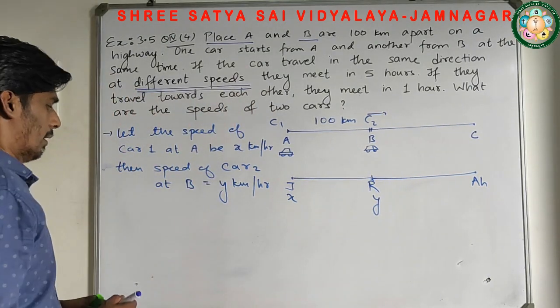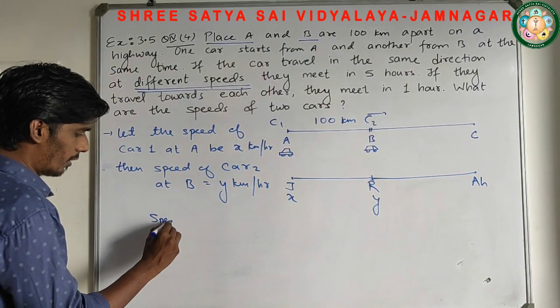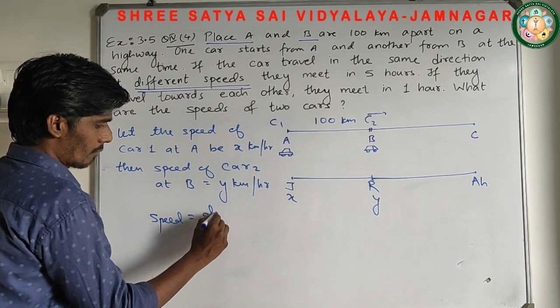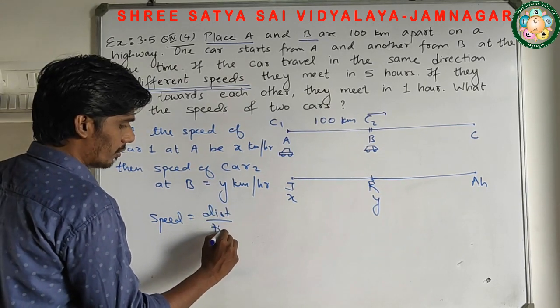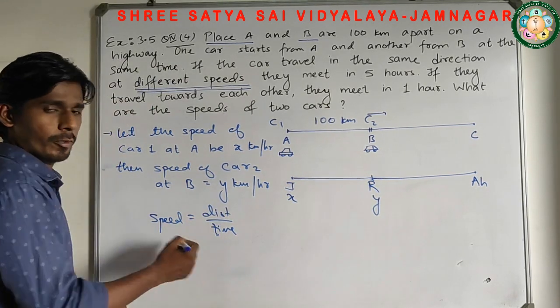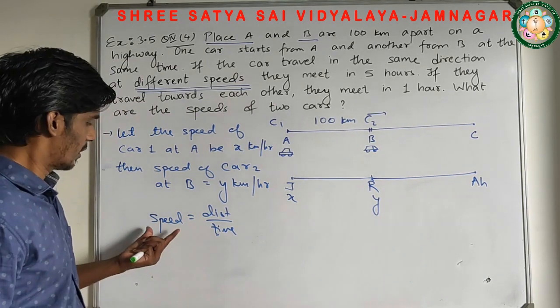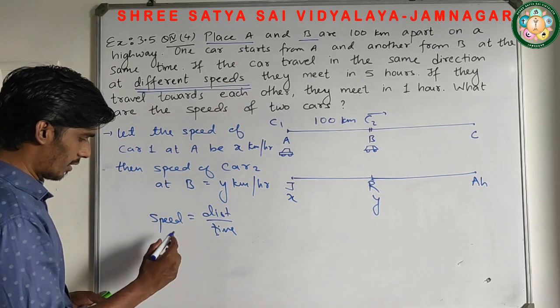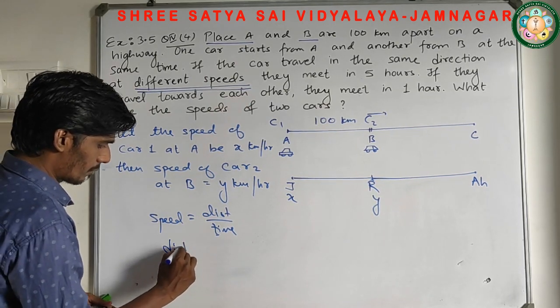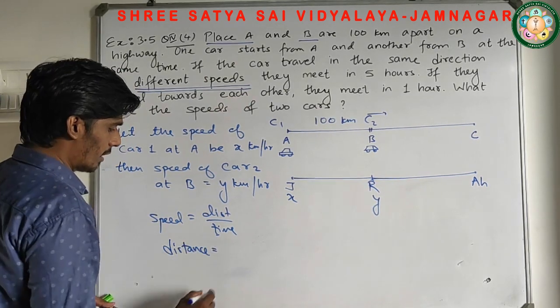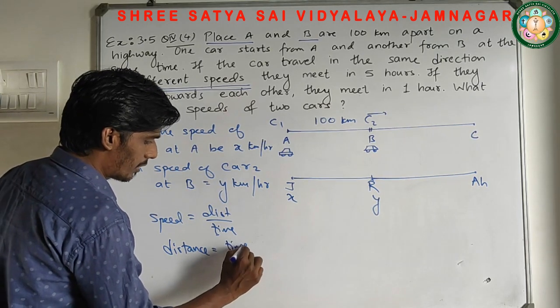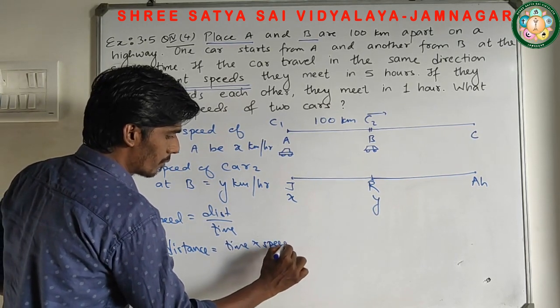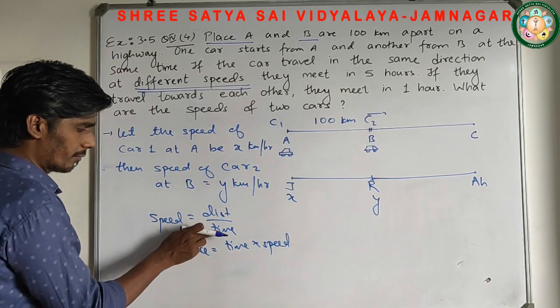Now we know that speed is equal to distance upon time. From the physics rule, speed is equal to distance upon time. So if I want to find distance, it will be time into speed.